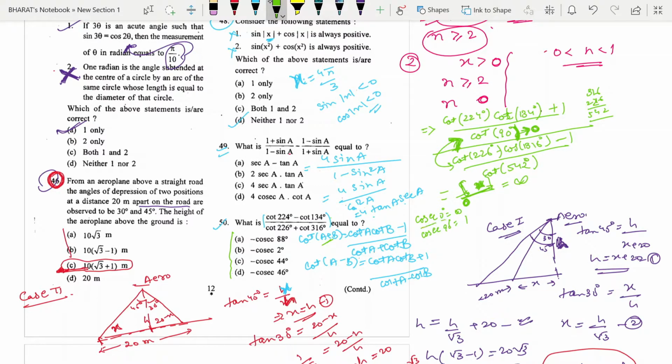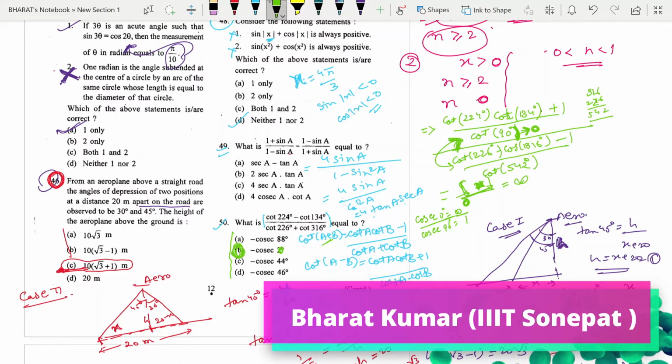The answer given in the answer key is B, but actually it should be cosec 0 degree. I don't know why they give this answer, but 0 should be there. Now moving to the next question.